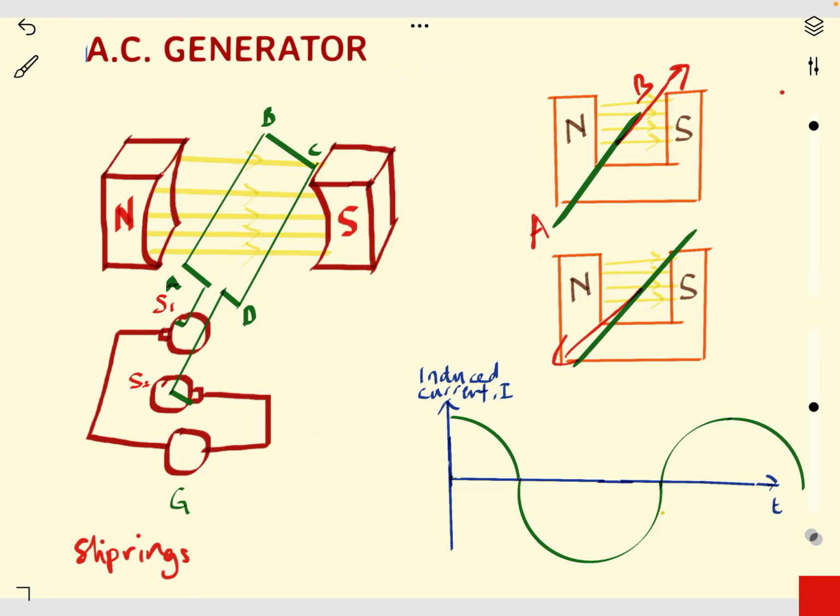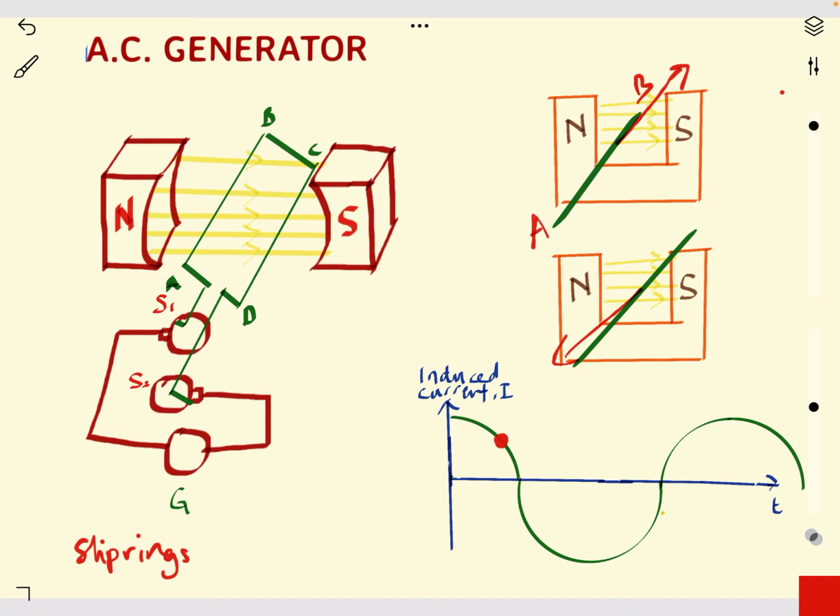It moves diagonally. In this case, it does not cut very much magnetic field. The rate of change of magnetic field is less than the previous position. That is why the induced current will be less, because it cuts the magnetic field less than the previous position.